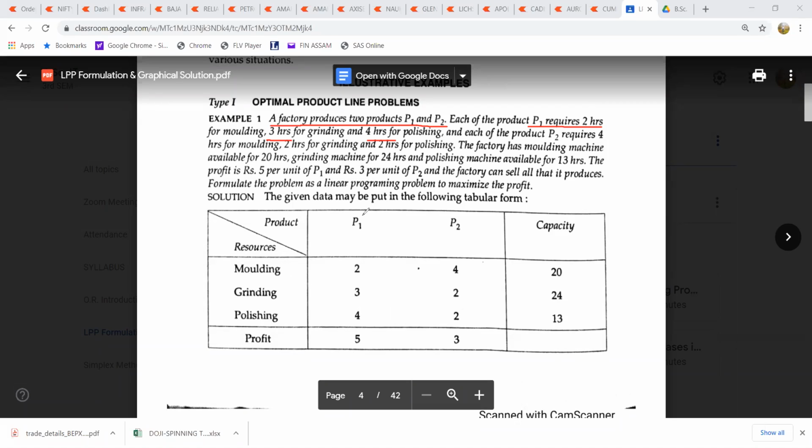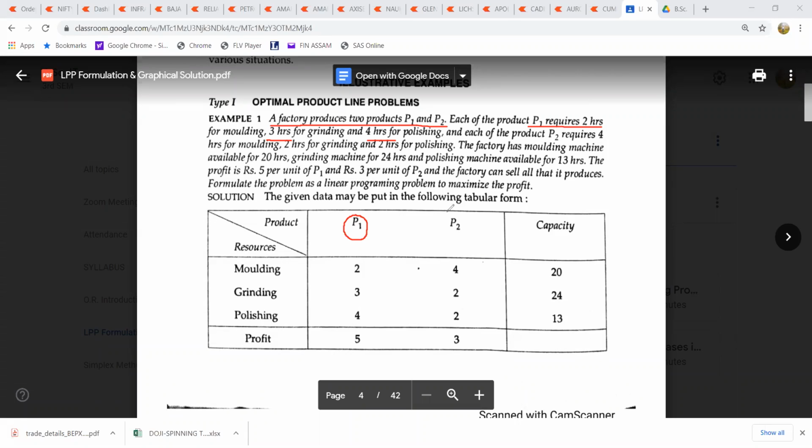To manufacture the product P1, it has to go through different processes. First, molding, which takes 2 hours. For grinding, 3 hours. And for polishing, 4 hours.